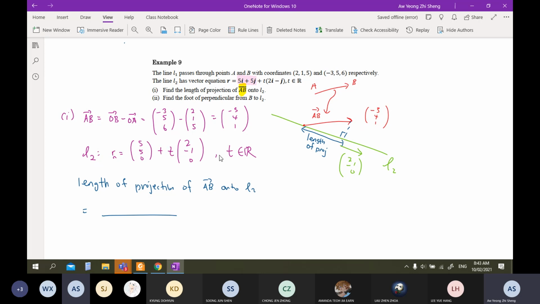So in this question, the vector AB, the red colored vector, is the vector whose shadow we want to find. So that would be AB dotted with the direction vector of L2, (2, minus 1, 0). Then take the modulus.